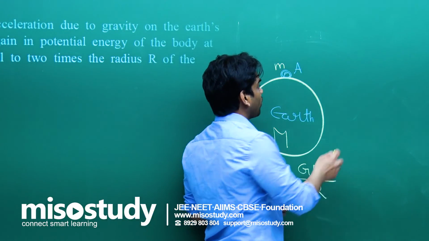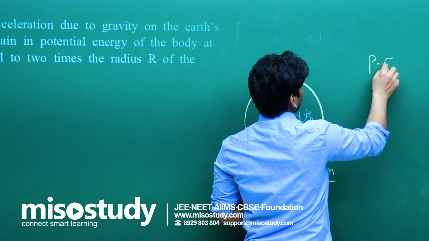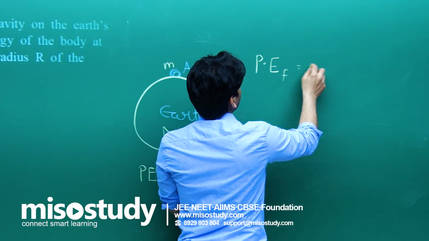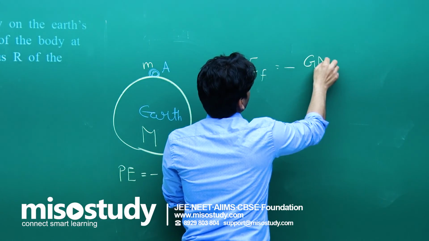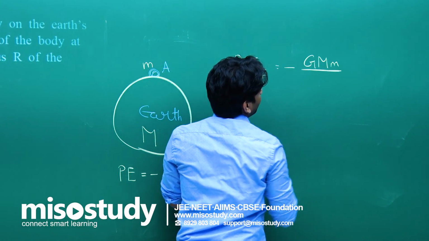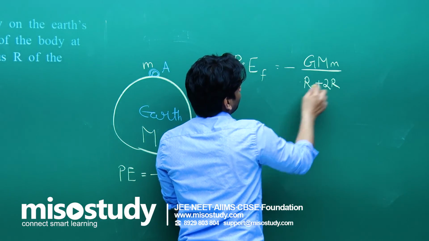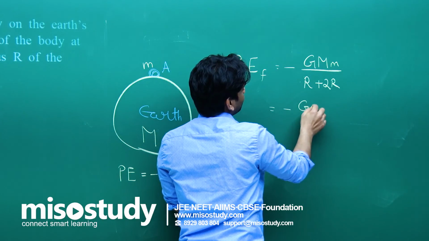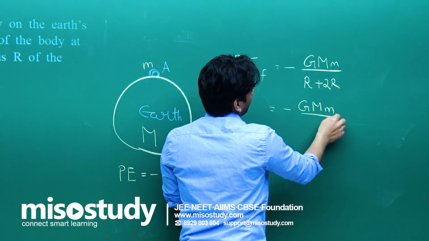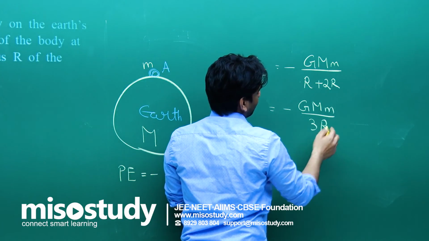So the final potential energy will be minus GMm divided by R plus 2R, which comes out to be minus GMm by 3R.